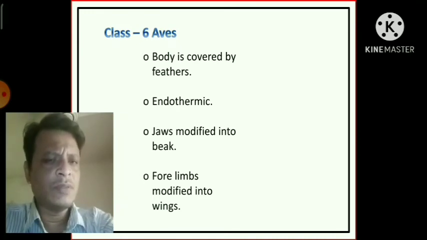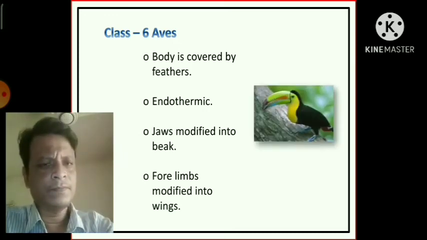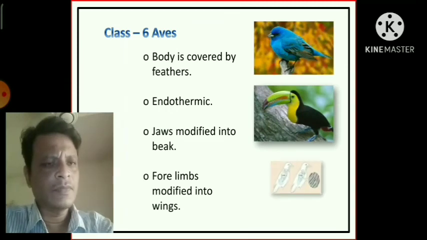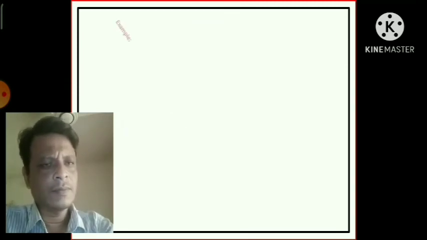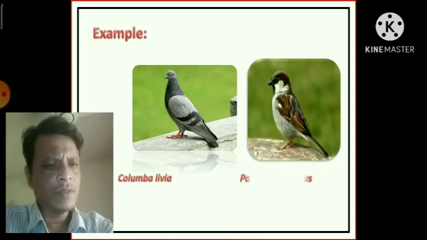That's why this type of animal is called endothermic. Number 3, the jaws modified into beak. Number 4, the forelimbs modified into wings. And the birds, the Columba livia and the Passer domesticus.